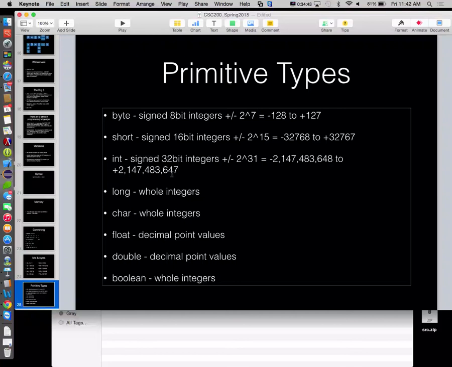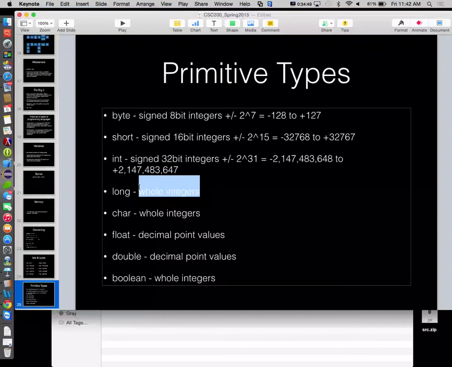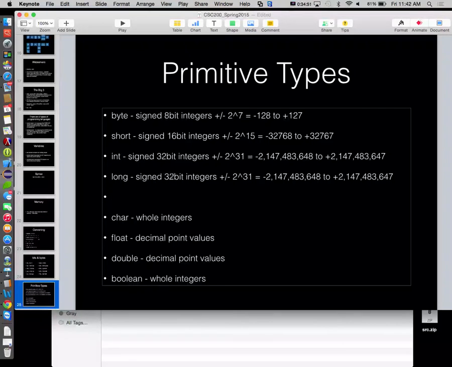A long is assigned a 64-bit integer, plus or minus 2 to the 63rd.